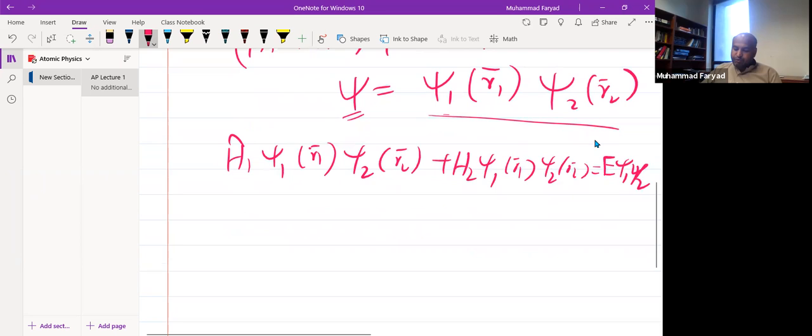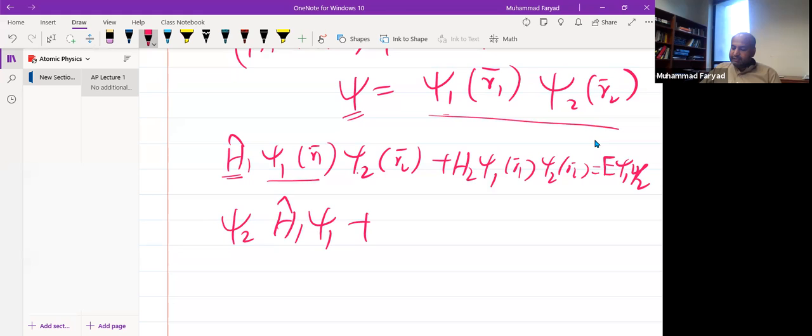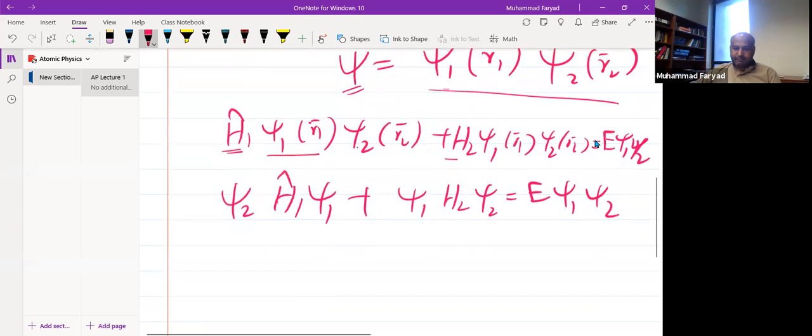But since H1 is a function of R1 only, it only acts on psi1, and psi2 can come out. So I can write it as psi2 H1 psi1. Similarly, H2 is a function of R2 only, so it doesn't do anything to psi1, so psi1 comes out, and we get psi1 H2 psi2 equal to E psi1 psi2. Let's divide by psi1 psi2 on both sides.